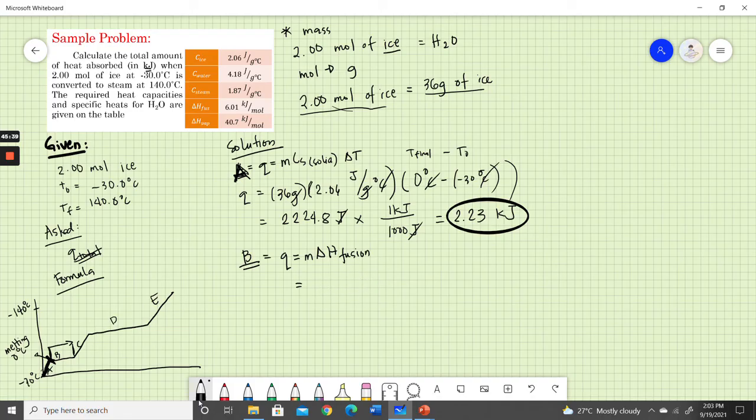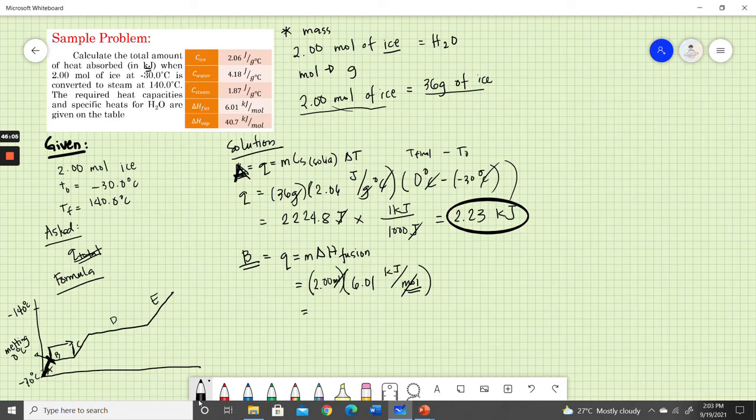So you can see they gave us for the delta heat of fusion, it's actually 6.01 kilojoules per mole. So they gave us moles here, so we have to use the moles of the substance, 2.00 moles, because in order to cancel this, if we use grams, we cannot cancel it.